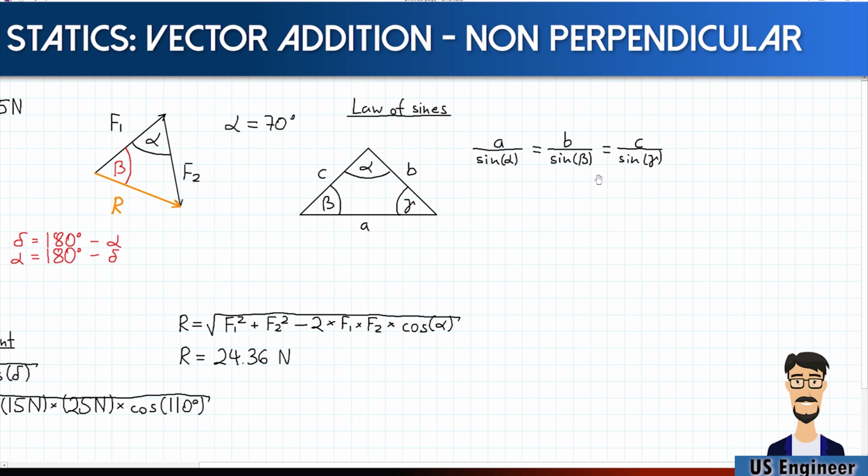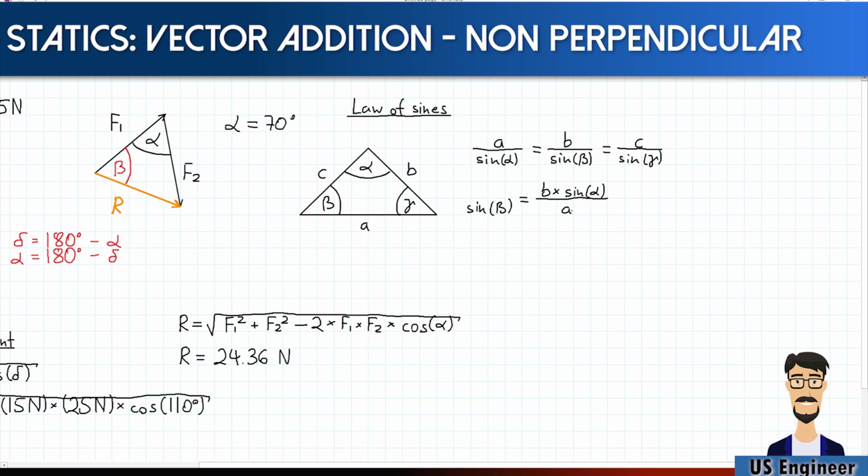So we just use A over sine of alpha is equal to B over the sine of beta. And since we're looking for beta, we need to rearrange that equation into sine of beta is equal to B times the sine of alpha divided by A.